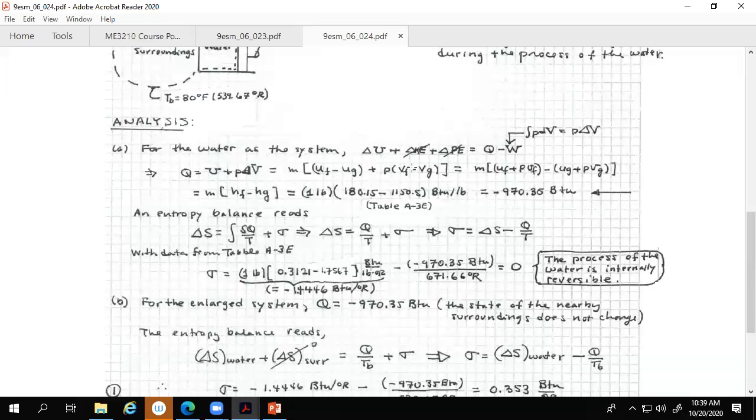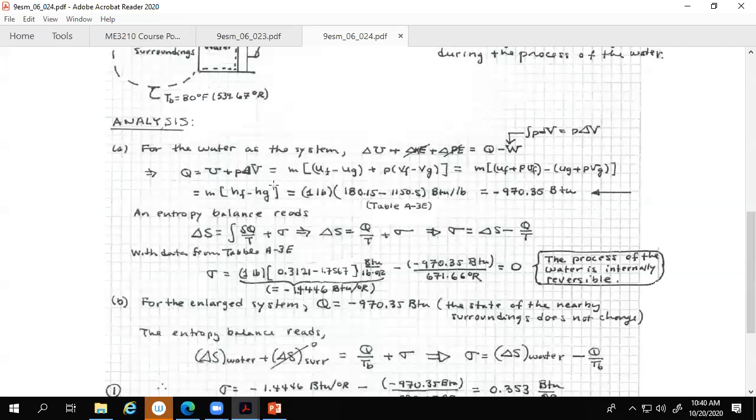Anyway, because you've got internal energy, pressure and volume, this process winds up to be delta H. So these terms all combine to give you the change in enthalpy.